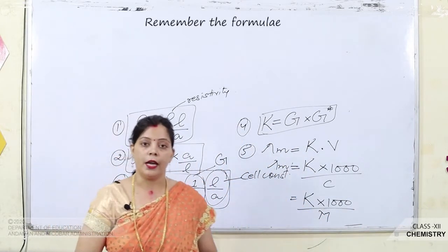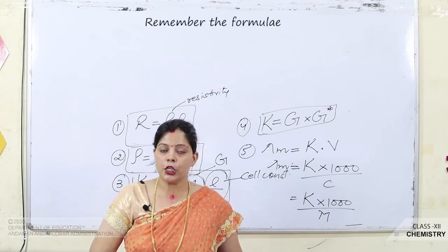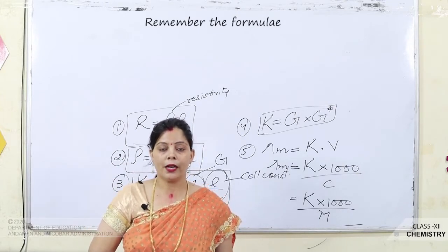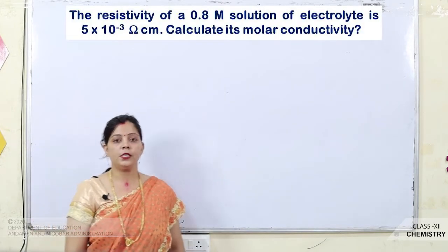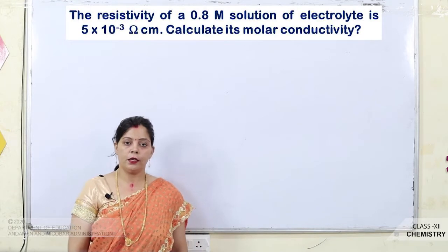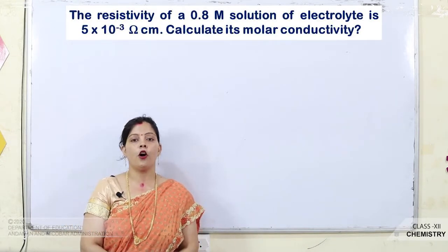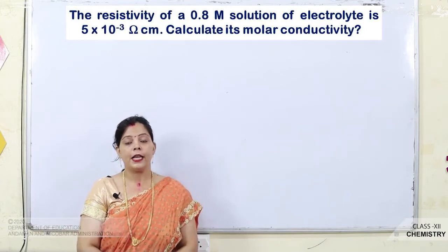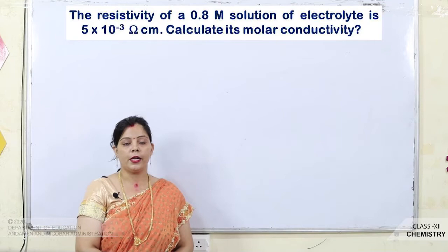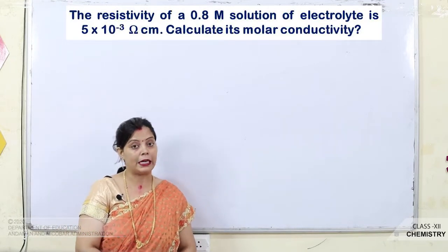So children, after that I am going to solve a numerical problem which is related to measuring the molar conductivity of the electrolytic solution. The first problem is based on calculating the molar conductivity of the solution. Here the resistivity of 0.8 molar solution of electrolyte is 5 into 10 to the power minus 3 ohm centimeter, and calculate its molar conductivity.